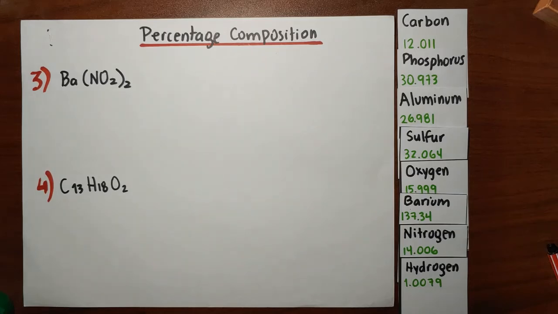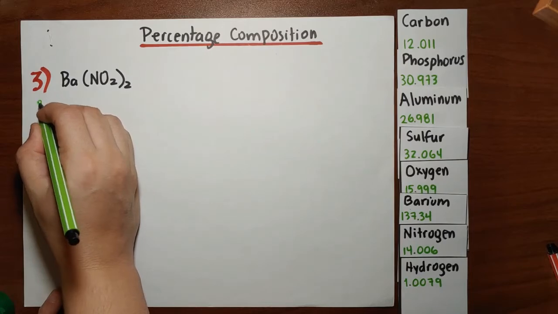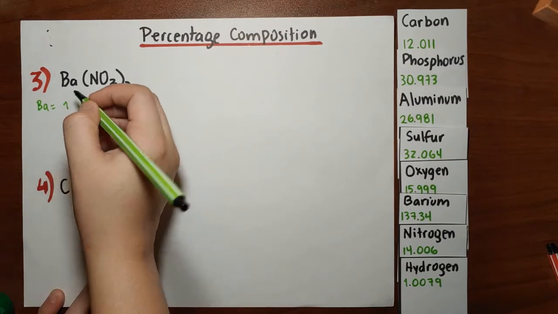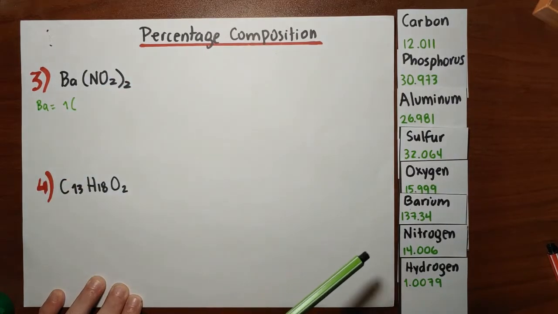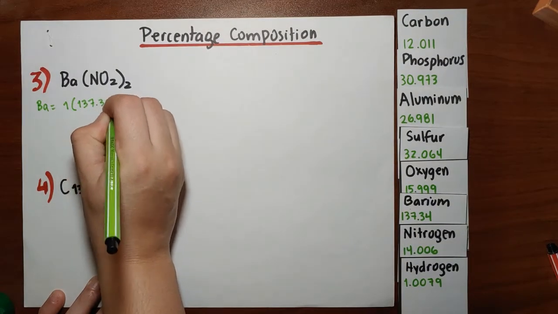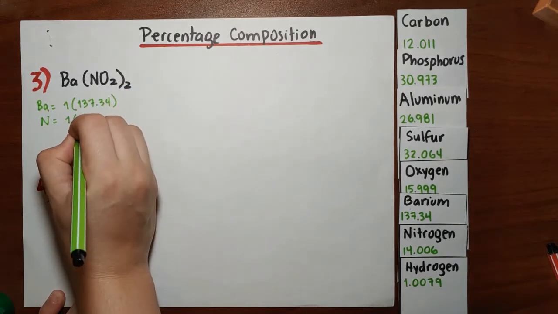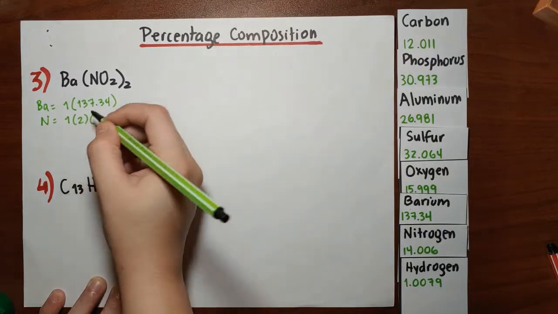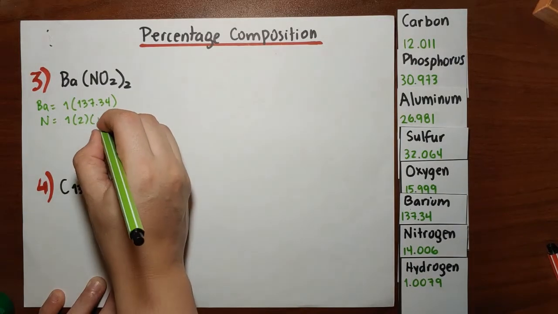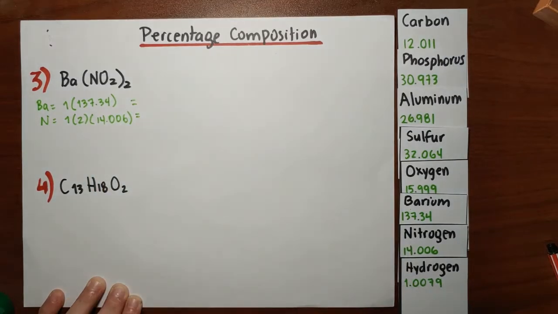Okay, I have barium nitrate, and I have to list all the elements, okay? So for barium, I have 1 barium times its atomic mass, that is 137.34. I have nitrogen, that is 1 inside, 2 outside, times its atomic mass, that is 14.006, as you can see over here.